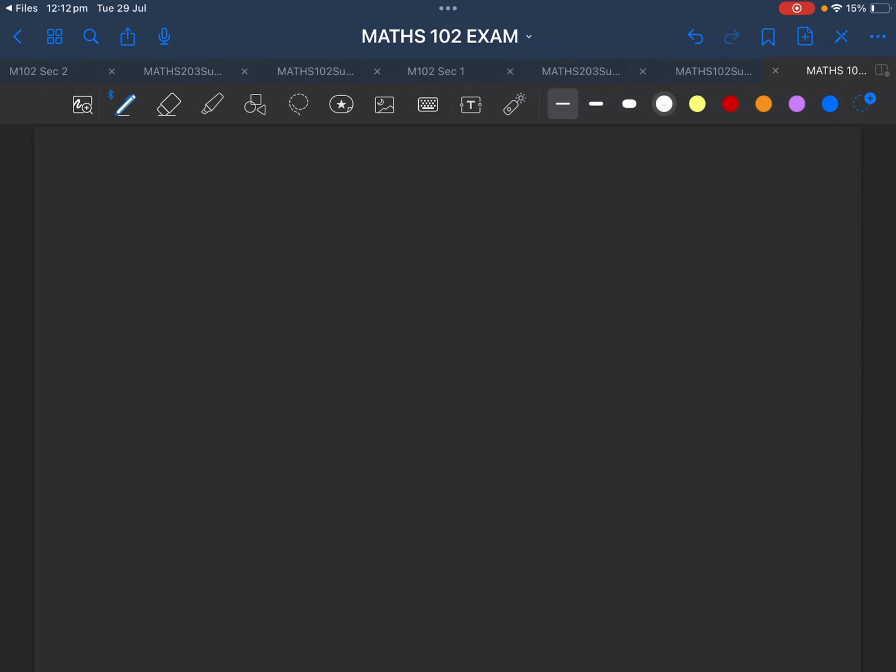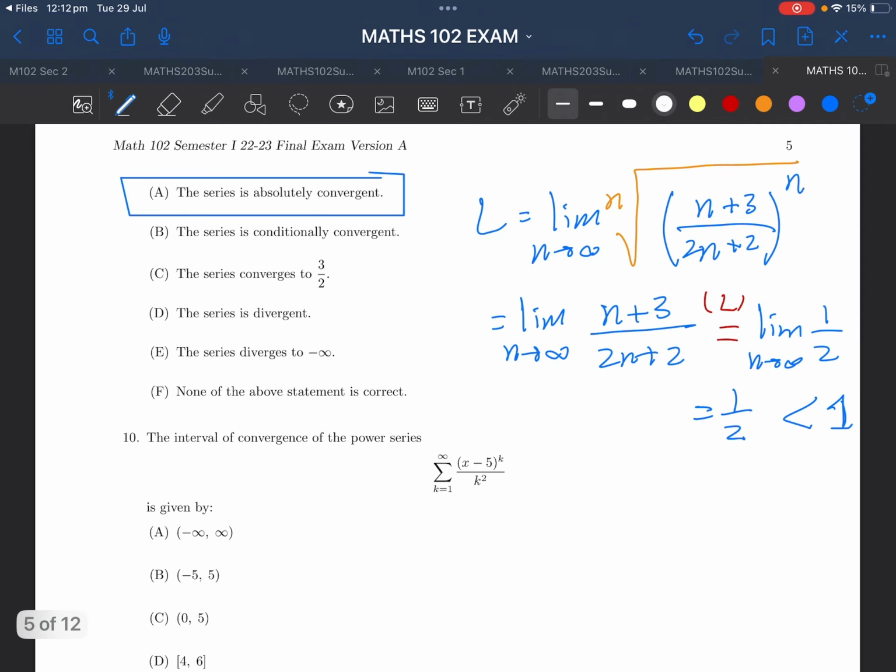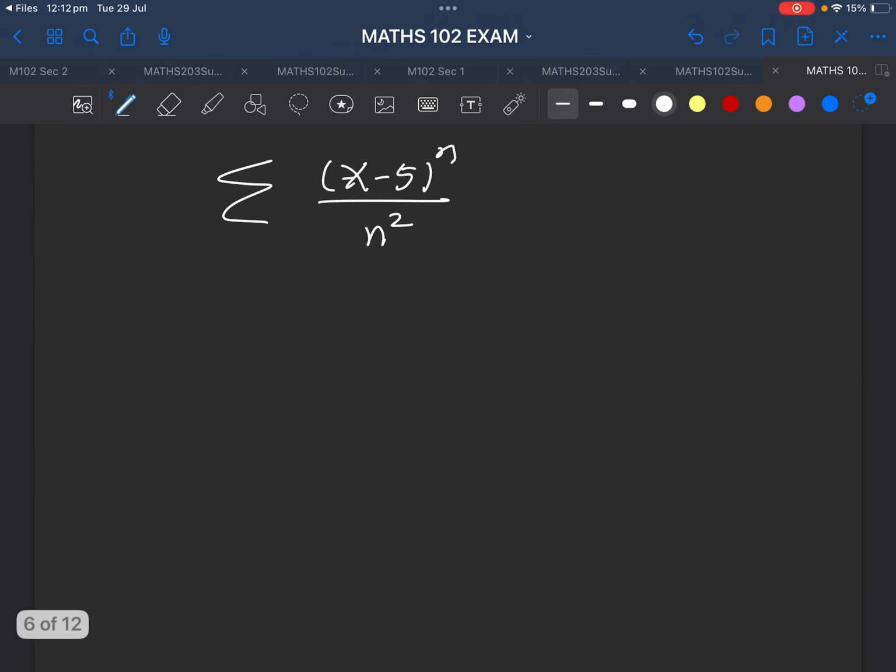That's the question here. It was x minus 5 to the power n over n squared. It's written in terms of k, but I'll just do it in terms of n because we are used to n. Solution.